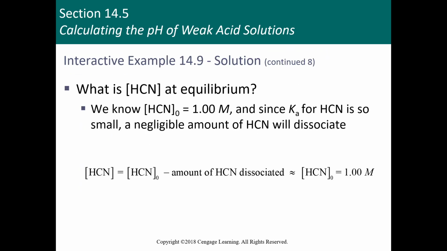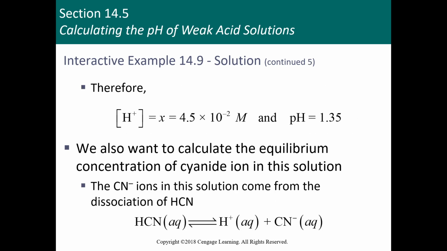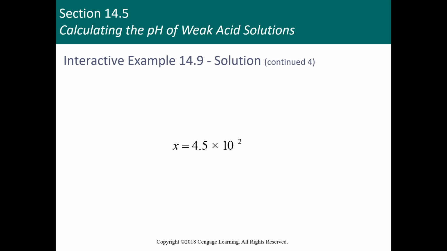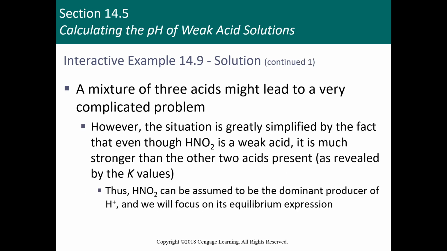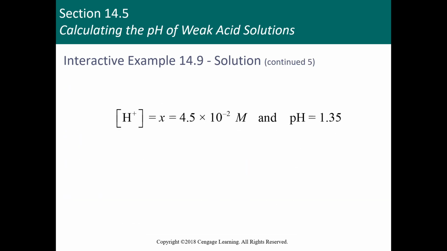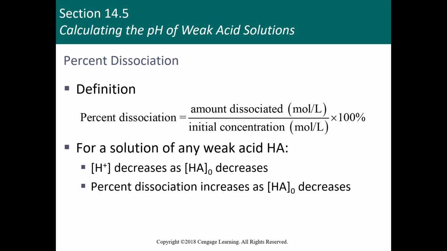I know by the time we do this stuff, you guys typically forget the original formula for it. Whoops, went too far. Excuse me. Okay, so this is the original formula. Remember, it's the amount dissociated. So if we're talking about HA, this would be A minus over the initial concentration of the HA.